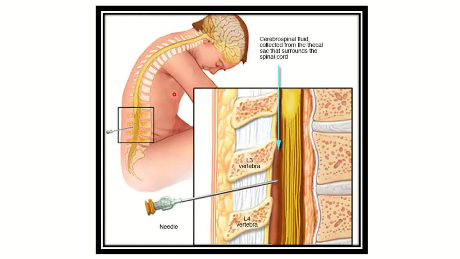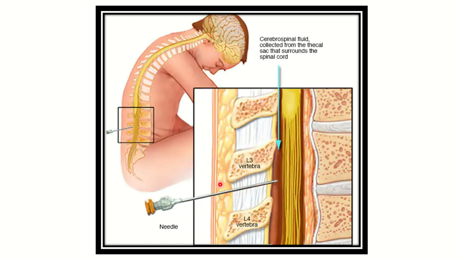So here this is the lumbar puncture procedure, and here we can see a needle inserted in the lower part of the vertebral column. This needle is inserted through this structure, and finally it reaches the space which is located between this area, and the cerebrospinal fluid is collected through this needle.